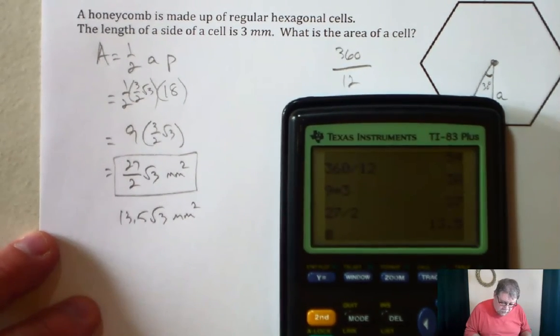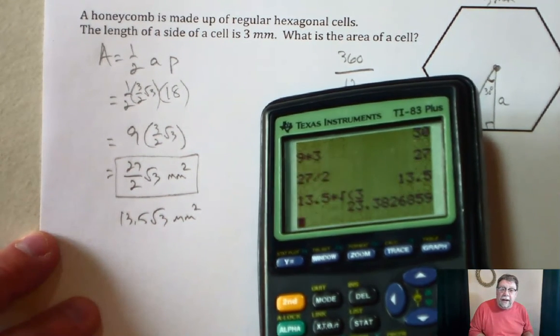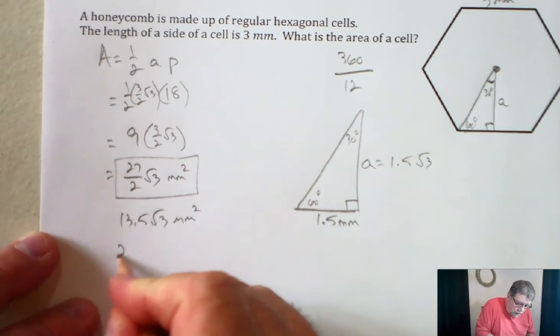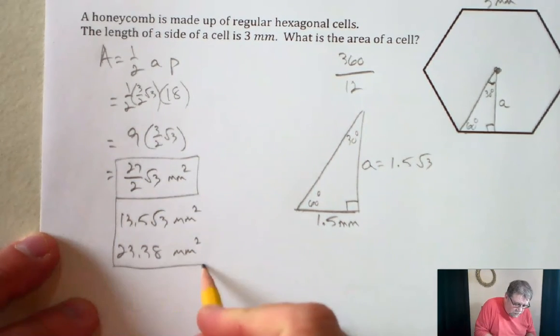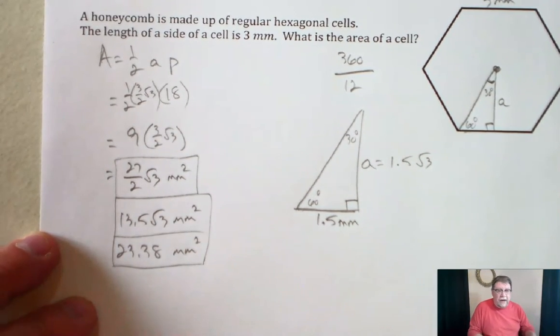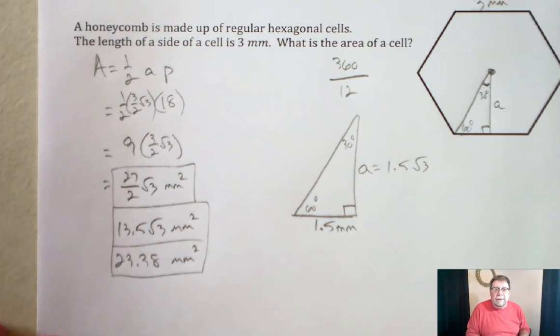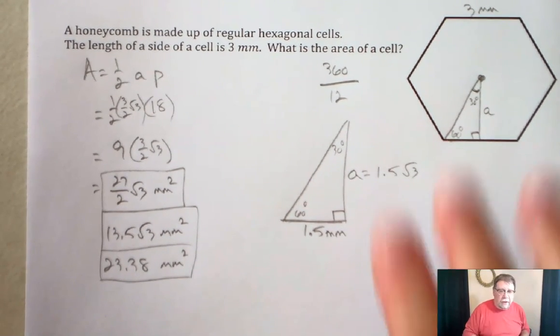And then you could also just do 13.5 times radical 3 and turn it into a decimal, but this would be a rounded answer, 23.38 millimeters squared. So these answers are all correct. I would say the top two are more correct than the last one because the last one's an approximation. But this is really how you're going to find the area of a regular polygon.